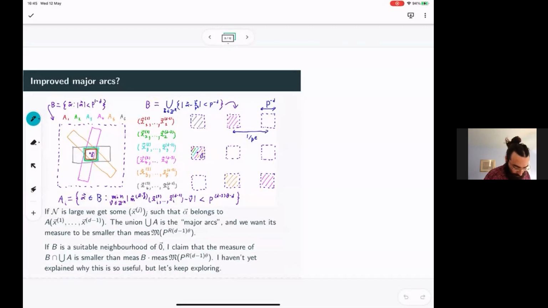Okay, so what's going on here? On the left-hand side is the setup that I described a moment ago.